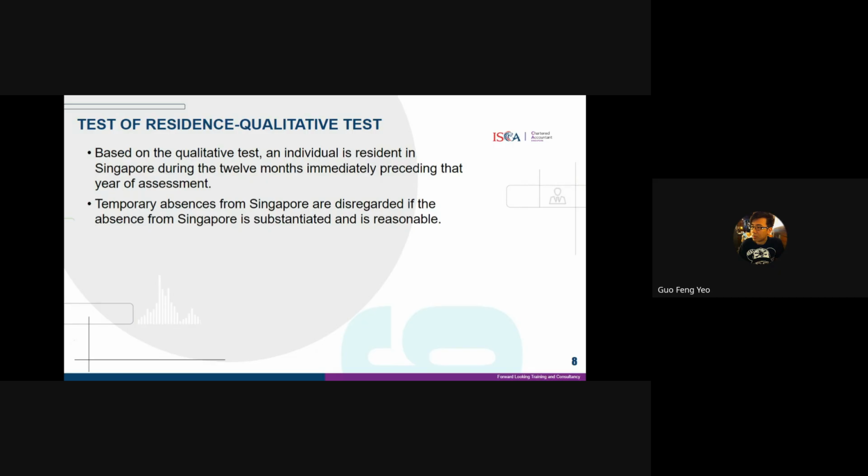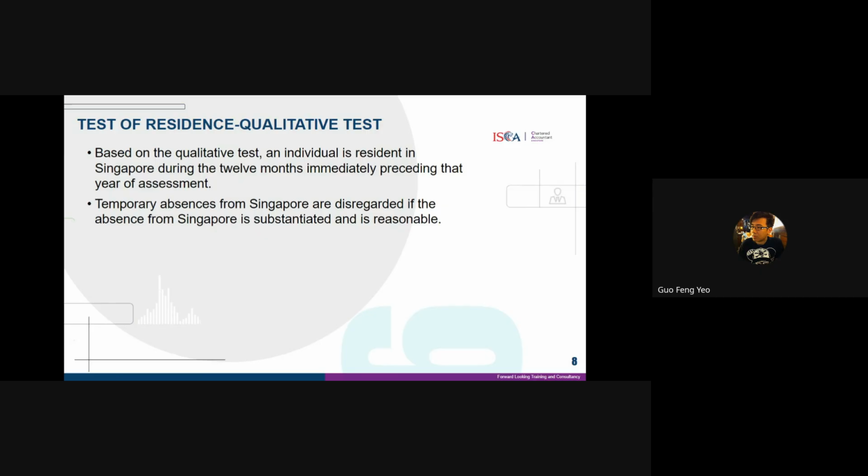So, what can we infer out of this qualitative test? Any Singaporean would ordinarily be deemed to be a Singapore tax resident because their place of permanent abode is considered to be in Singapore with all their family connections.